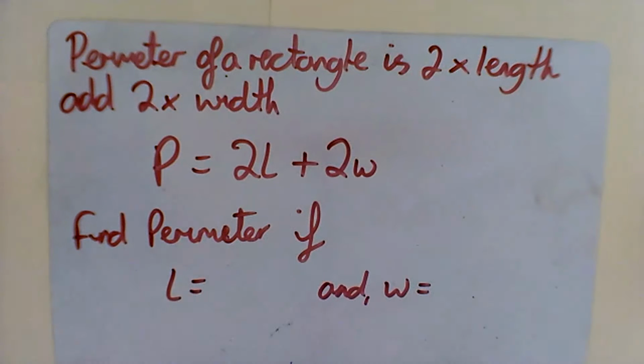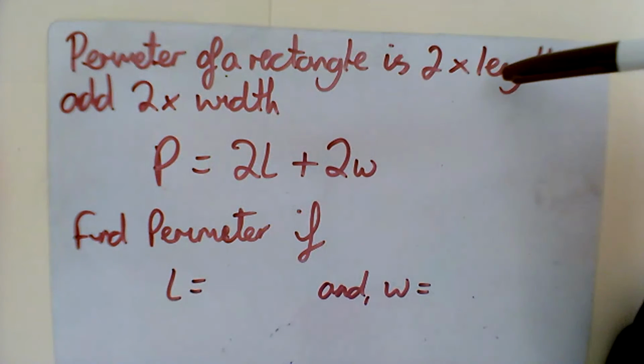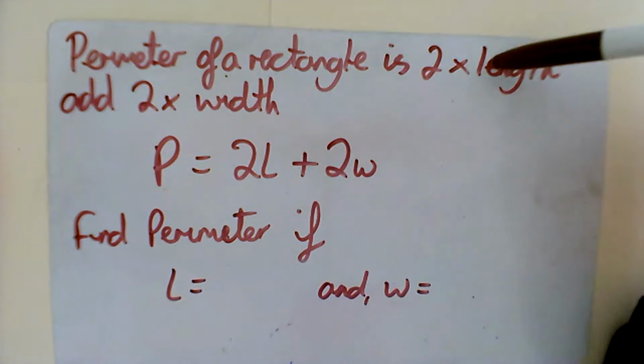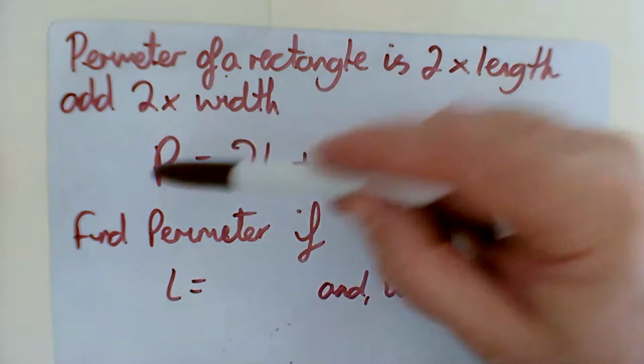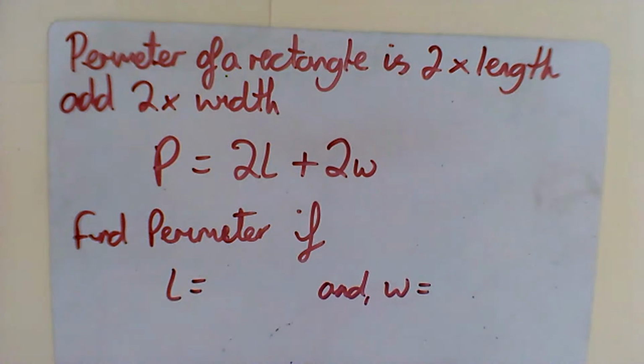Right, let's have a look at this one. So this is one, again, we'll do in maths, and you do lots of formulas in maths as well. So the perimeter of a rectangle is 2 times the length, because you add up all the lengths, and there are 2 lengths, and 2 times the width. So this is the formula. P equals 2L plus 2W.